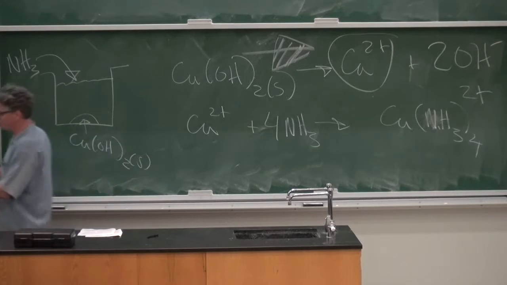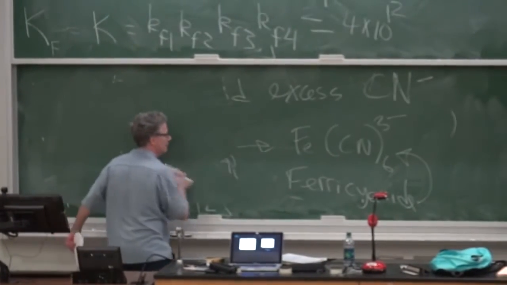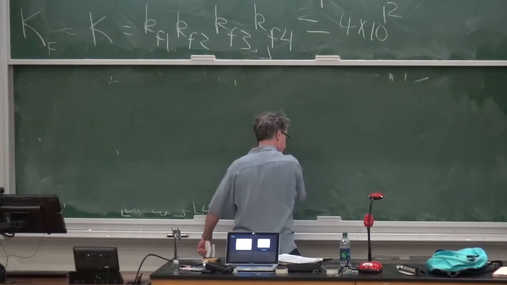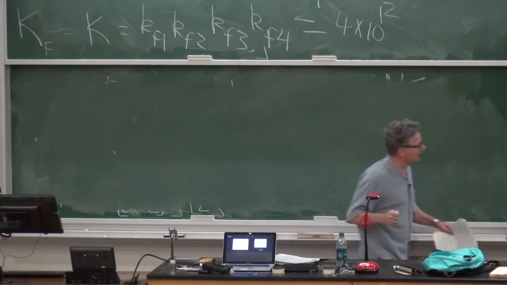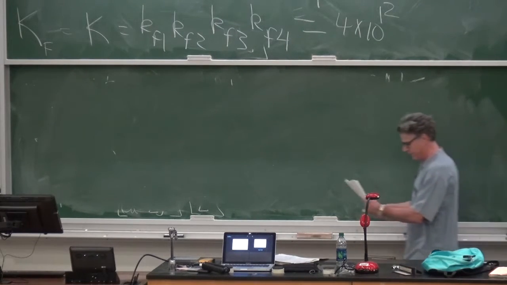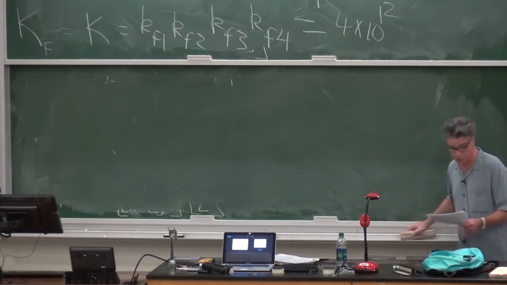We can treat that quantitatively. The KF here, I think I already gave that. KF there is 4 times 10 to the 12th. So Le Chatelier says the solubility should go up.